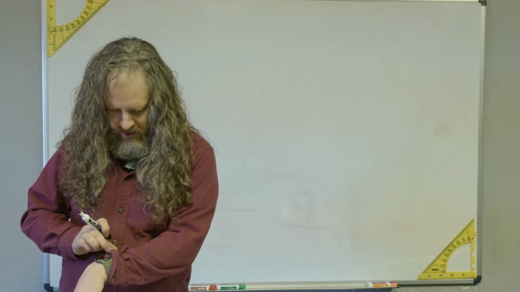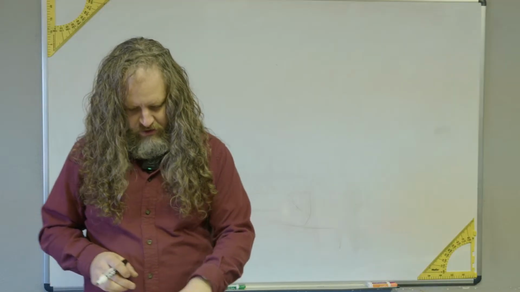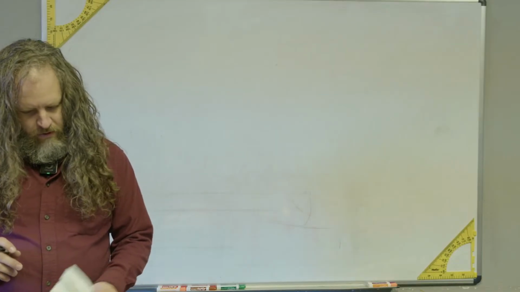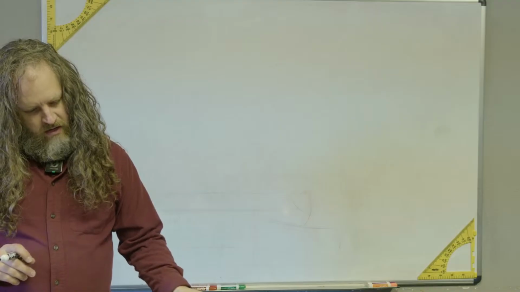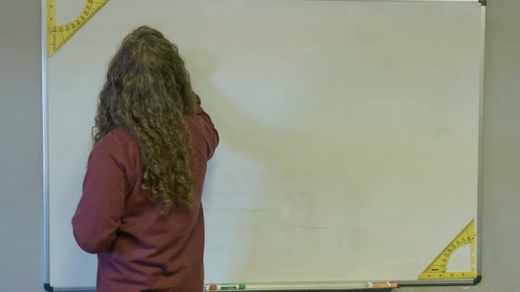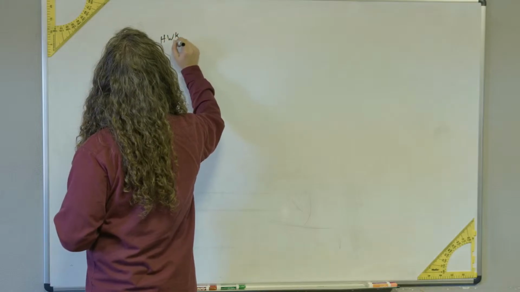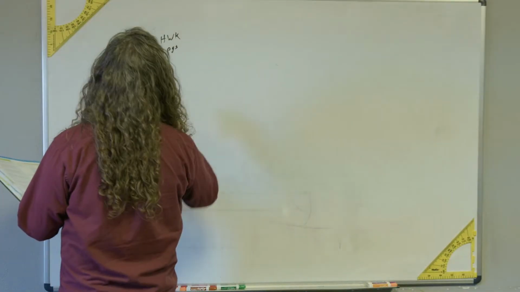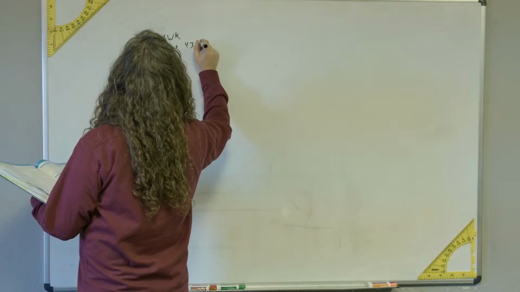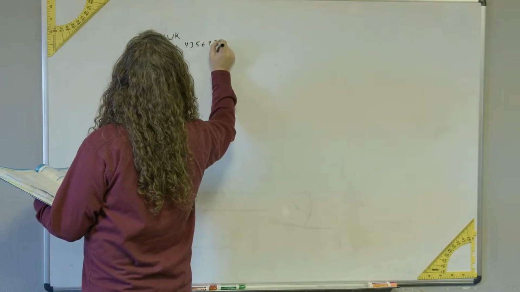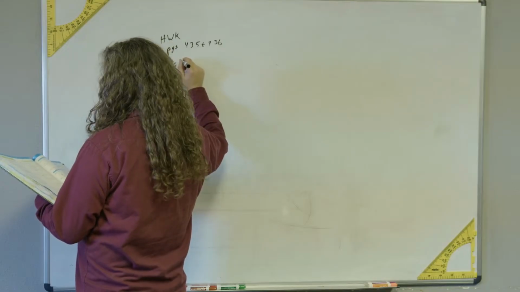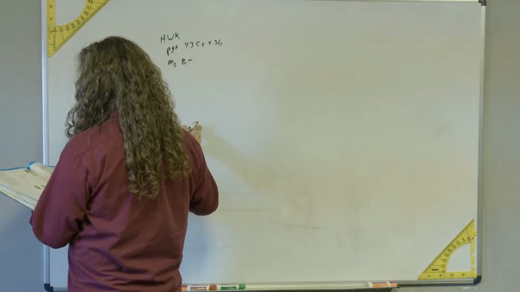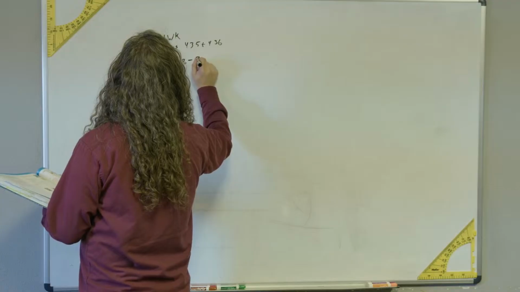Okay, let's see if we can squeeze in guided practice 4 at the bottom of page 434. Let me go ahead and give you your homework. Your homework is on pages 435 and 436, and we're going to do numbers 8 through 30 evens.